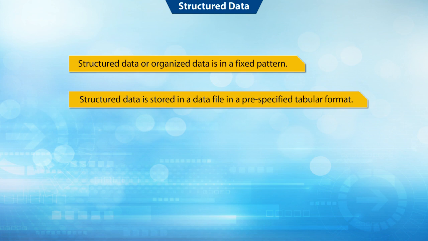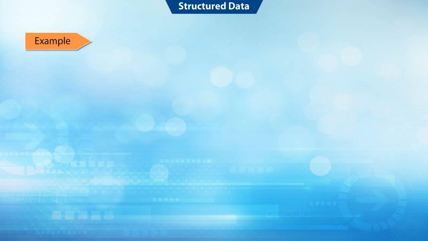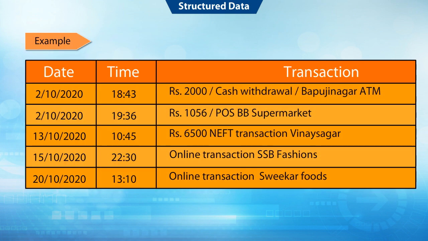Structured data is stored in a data file in a pre-specified tabular format. It can be stored either in ascending or in descending order. Let us look at the statement of a credit card, which is an example of structured data. The table given here contains list of transactions in the ascending order of date and time.